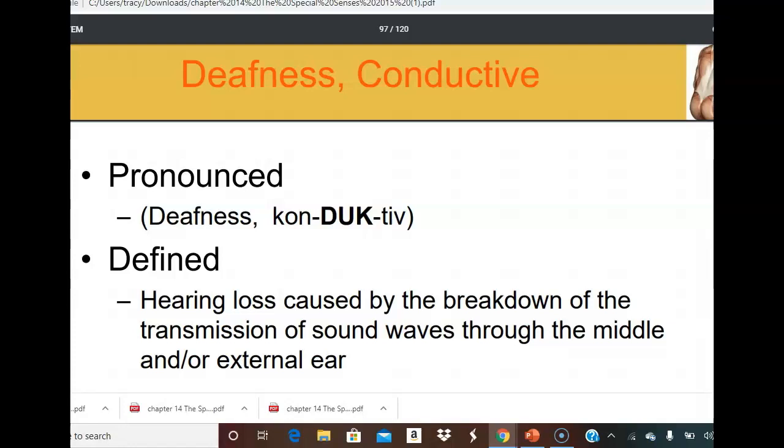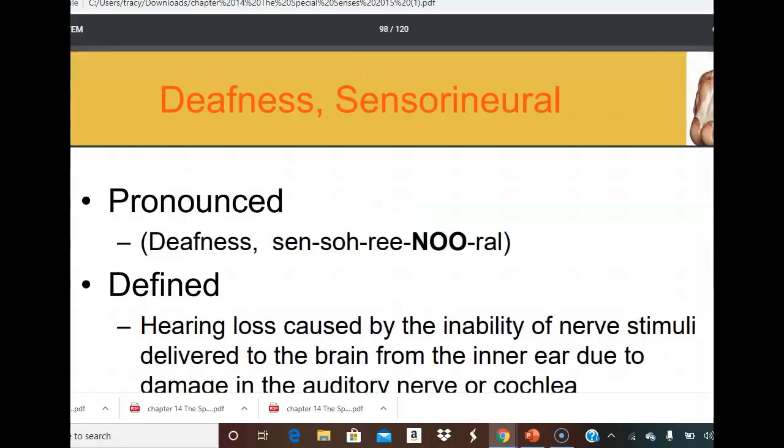If someone has had repeated perforations of the tympanic membrane or repeated ear infections that cause scarring or sclerosis of the ossicles, then that can prevent the transmission of sound waves to vibration, which then prevents the conduction to the sensorineural structures, or the inner ear.